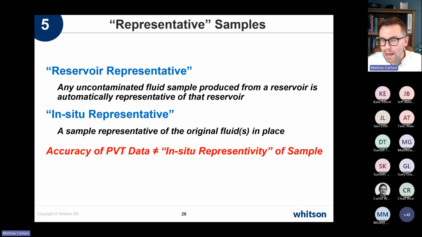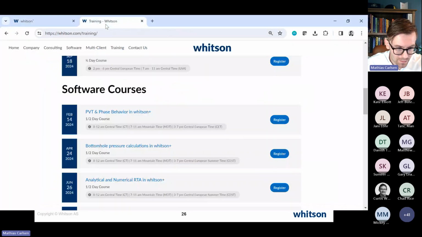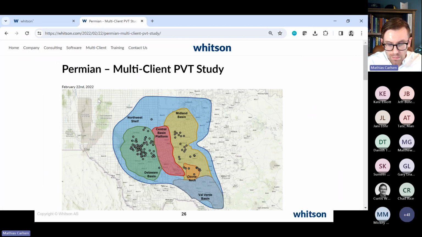And when you're building a model, like Curtis has done this for 30, 40 years, and what we've done also for every single unconventional basin in North America, which maybe I didn't mention earlier, but if you go to our webpage, you can see that for the Permian, we've taken a lot of PVT data from throughout the play, 200 plus PVT reports, and we've created a so-called PVT model. And those can be both in situ representative samples and reservoir representative samples. So they can be both.